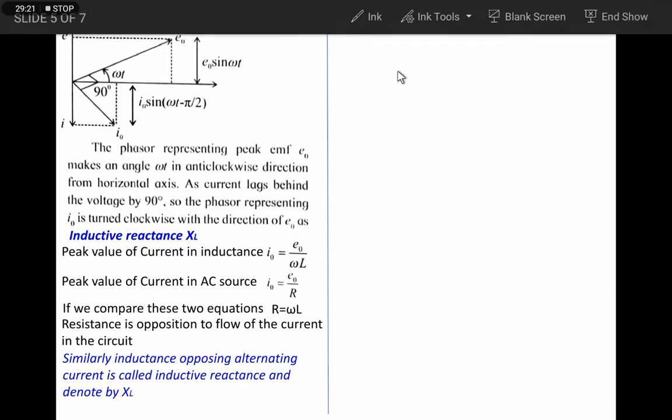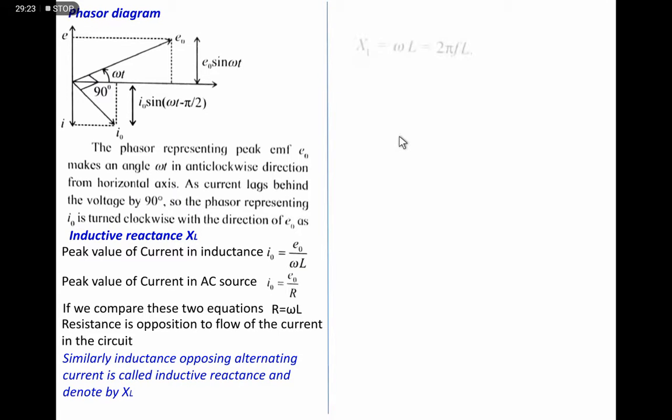Now XL is equal to omega L, where omega is 2 pi f. From this equation it is very clear that the opposition to the flow of AC current relates to the frequency of the AC generator and the value of inductance.